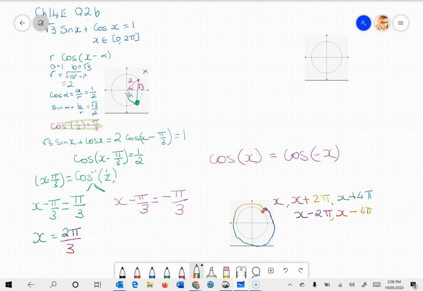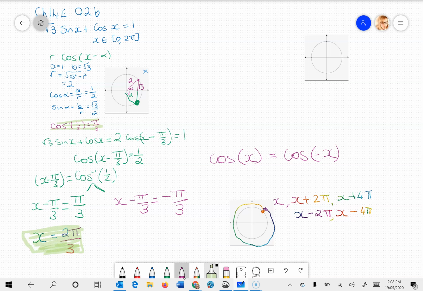Of course, we're only going between 0 and 2 pi, so really adding and subtracting 2 pi should be enough. If we add 2 pi to this, we're going to get 8 pi on 3, which is bigger than 2 pi. If we subtract 2 pi, we're going to get negative 4 pi on 3, which is below 0, which is also outside our bounds. So far we have one solution there.